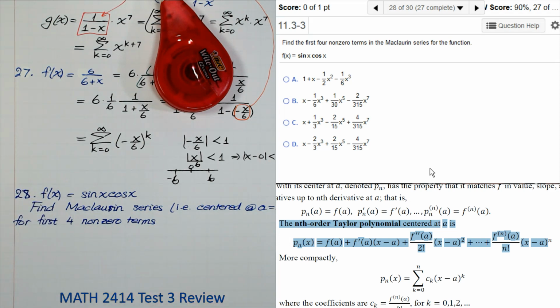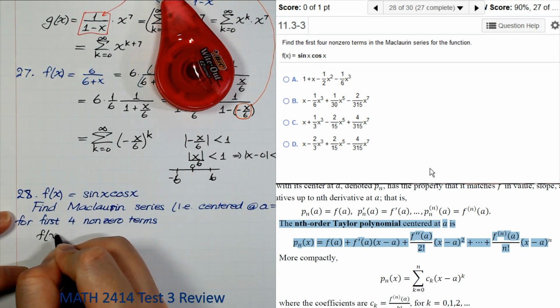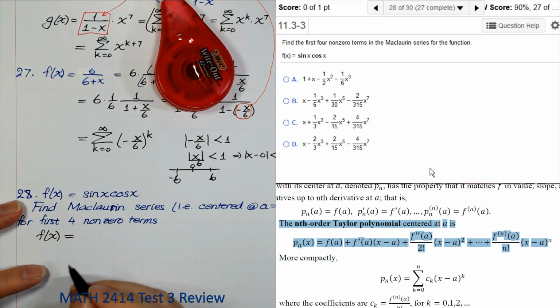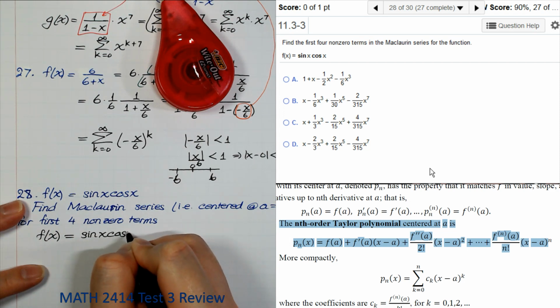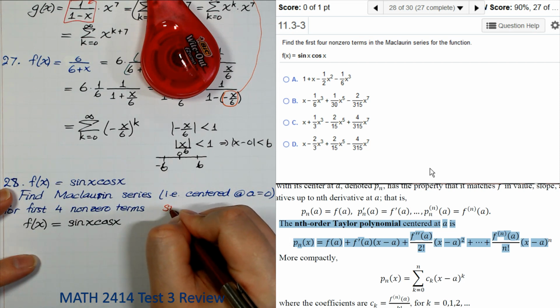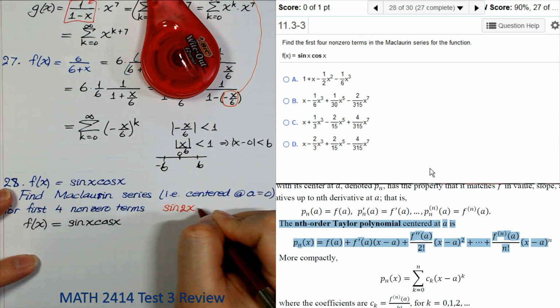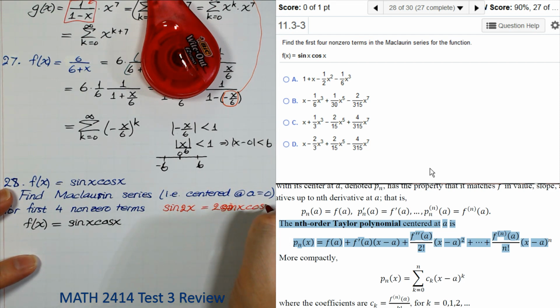By the way, if you're going to do it like that, that would be extremely complicated. Unless we use this: sine of 2x is equal to 2 sine x cosine x, the double angle formula.